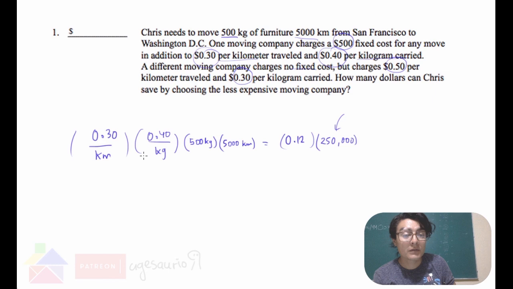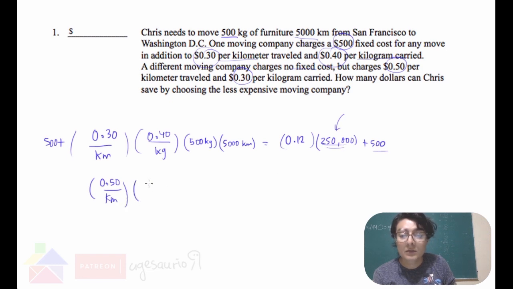So for the first company, it's this plus $500. These $500 are not that important in deciding which company is the most expensive, because this number right here is huge.